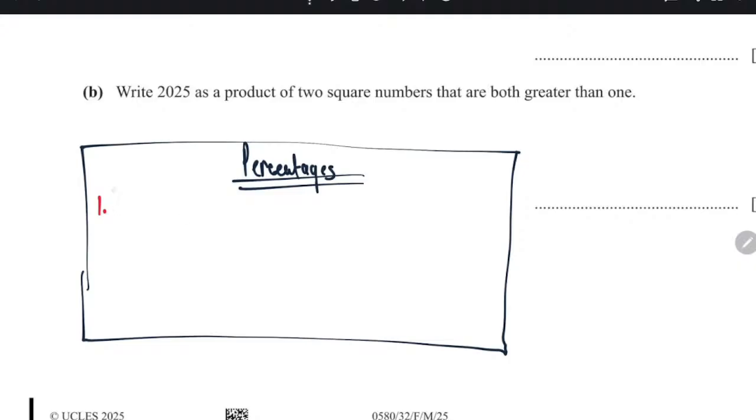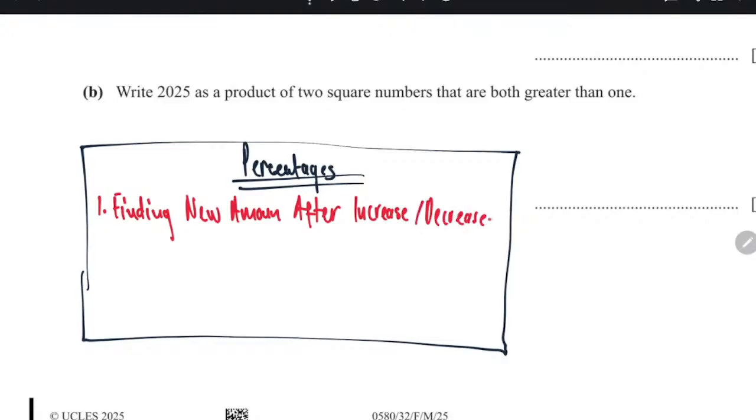So the first thing you can be asked is to find the new amount after increase or decrease. When we meet that question, we'll do it. But just put it in your heads that they may ask me to find the money there. Or 2, they can ask you to find the percentage itself.